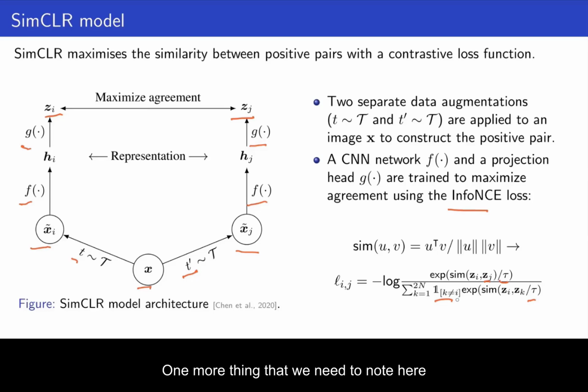One more thing that we need to note in the formula is that we have this ugly sum, but fortunately there are ways to vectorize the InfoNCE loss, so it's computationally more efficient. So the total loss is computed as the sum of all combinations, so L_ij plus L_ji in this case.